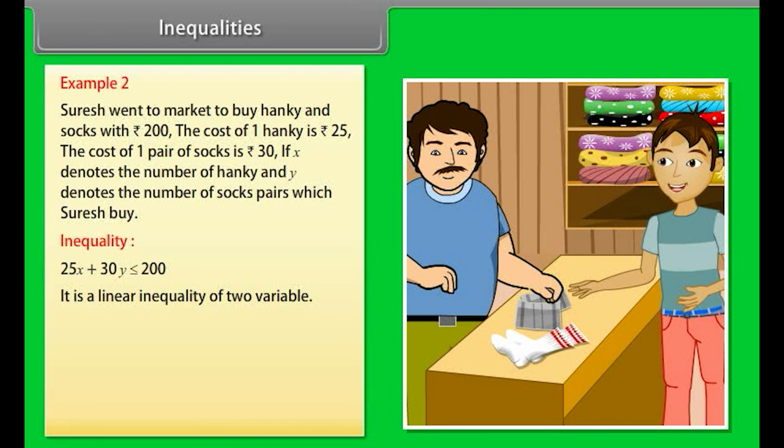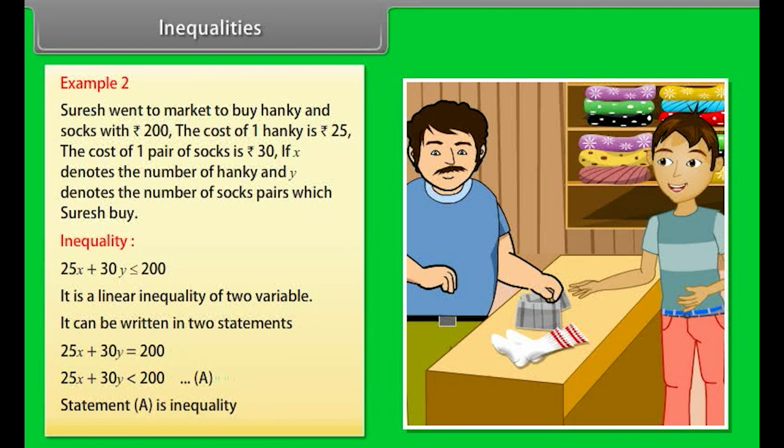It is a linear inequality of two variables. It can be written in two statements. 25x plus 30y is equal to 200. 25x plus 30y less than 200. Name it as A. Statement A is an equality in this case.